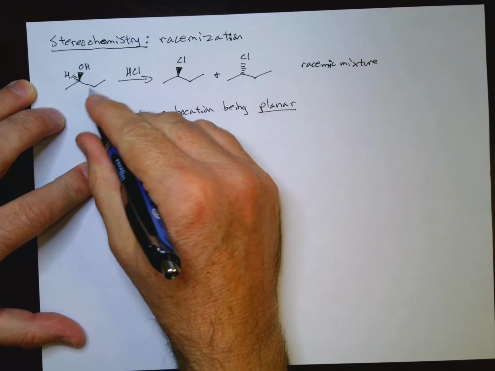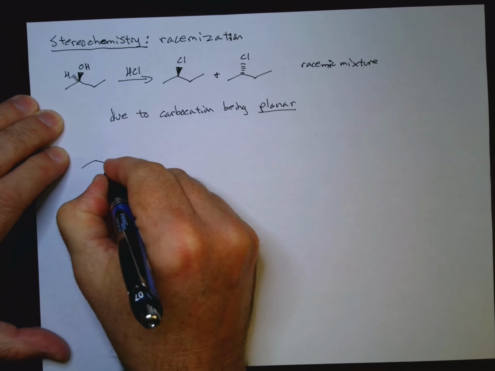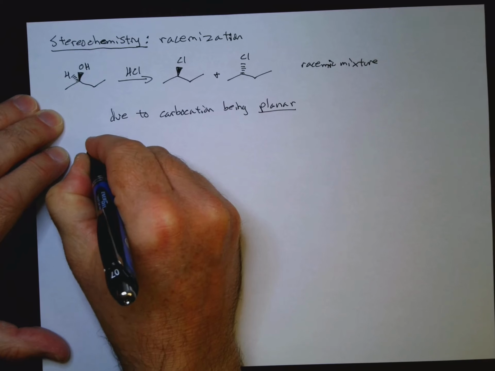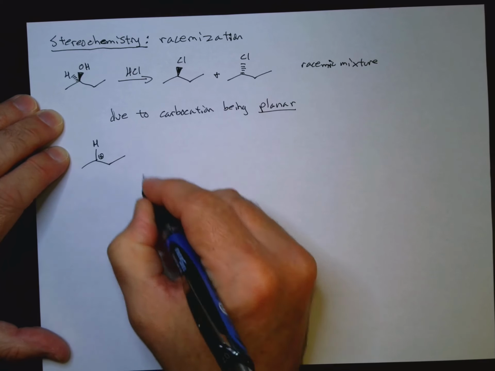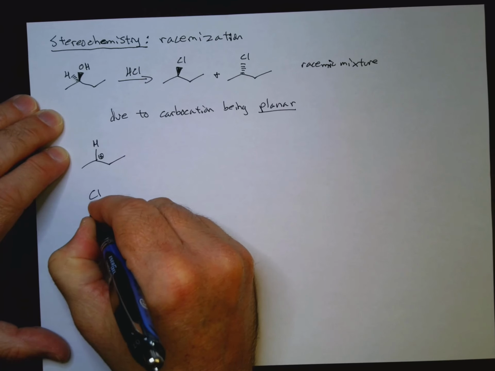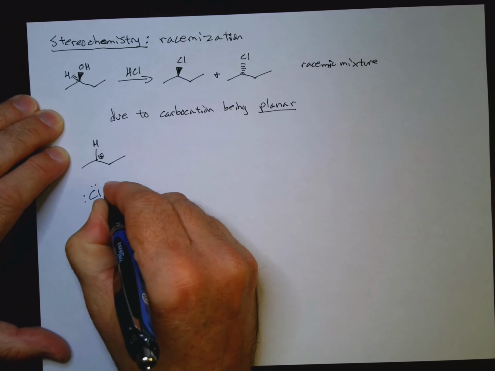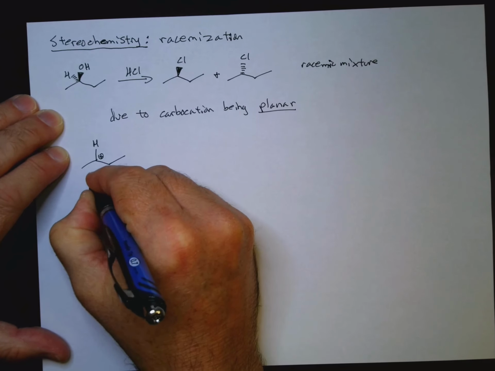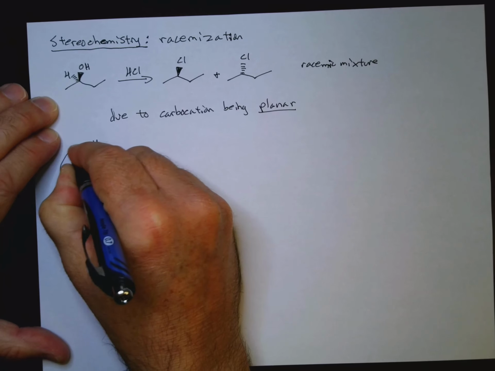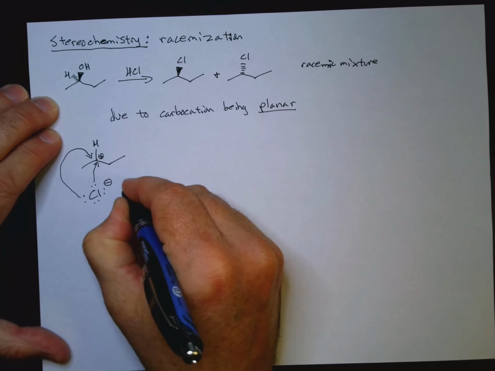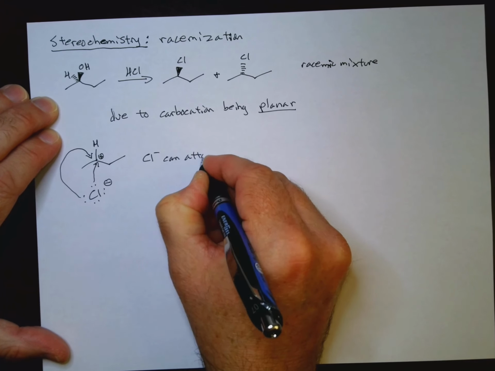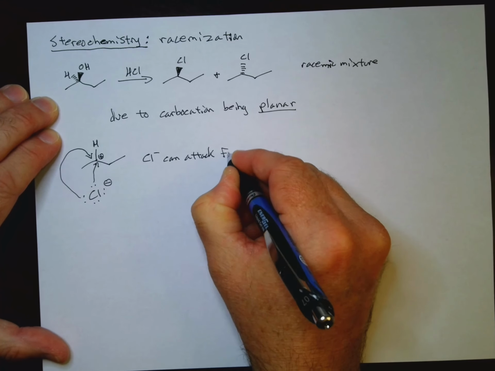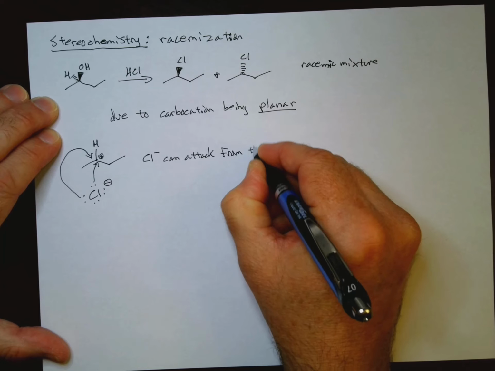So if I was going to draw this intermediate here, I would have this as my carbocation, and then my Cl minus can attack from the front or the back.